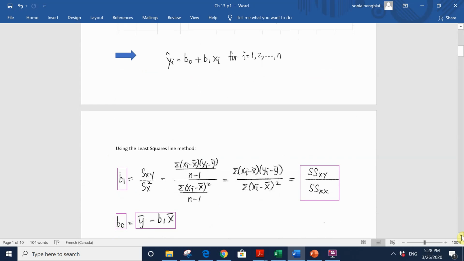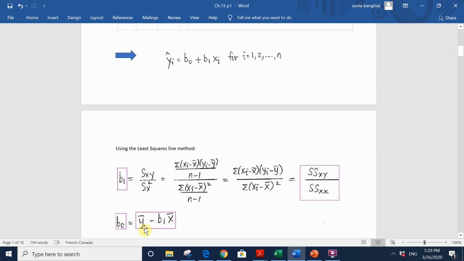So we saw here how we now express B1. B1 now takes on this format. And this formula right here is used to calculate the point estimate for beta 1, right? Once I have my B1, then I can compute my B naught.